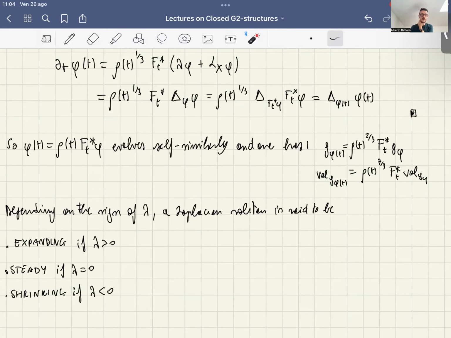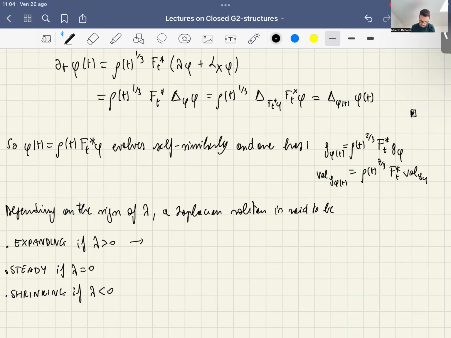And of course, as you may imagine, these definitions come from the behavior of the volume of the self-similar solution along the flow. In particular, the volume will increase if the soliton is expanding. The volume will stay fixed if the soliton is steady, and the volume will shrink if the soliton is shrinking.